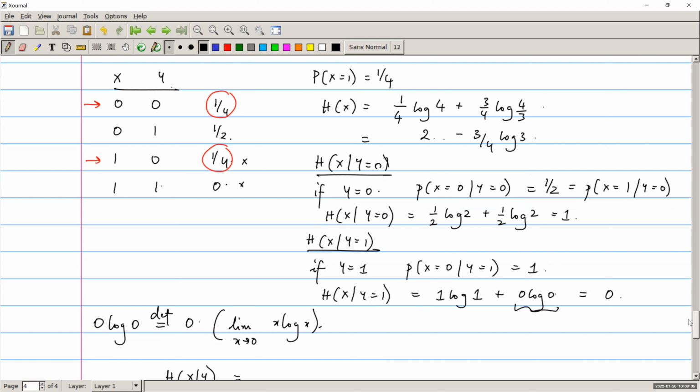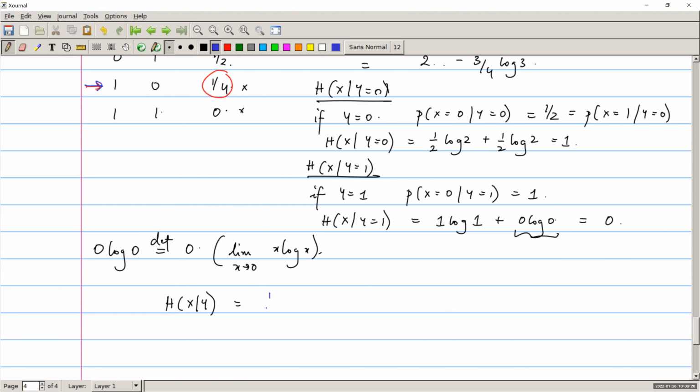The probability y equals 0 is the sum of these two rows, 1/4 plus 1/4, which is 1/2, plus 1/2 times h of x given y equals 1. This will be 1/2 times 1 plus 1/2 times 0, which is 1/2.